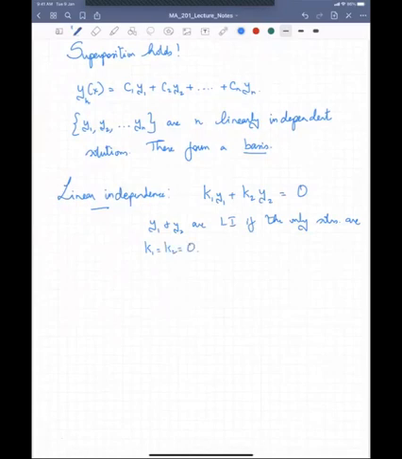The only solution is the trivial solution. If this equation holds true for non-zero k1 or k2, then I can write either y1 or y2 in terms of the other, and they won't be linearly independent anymore.